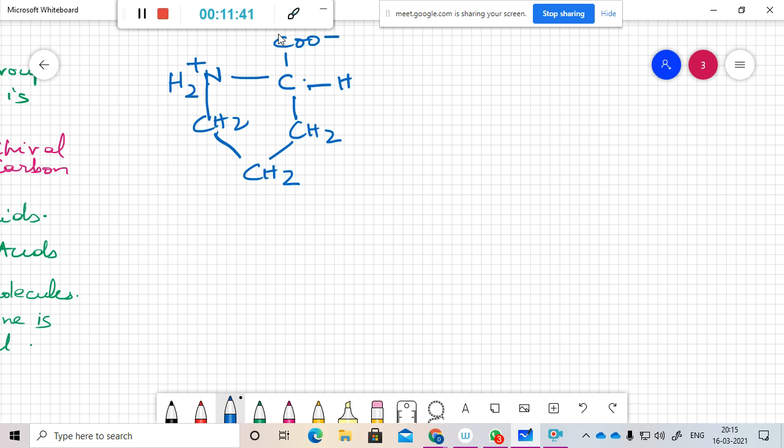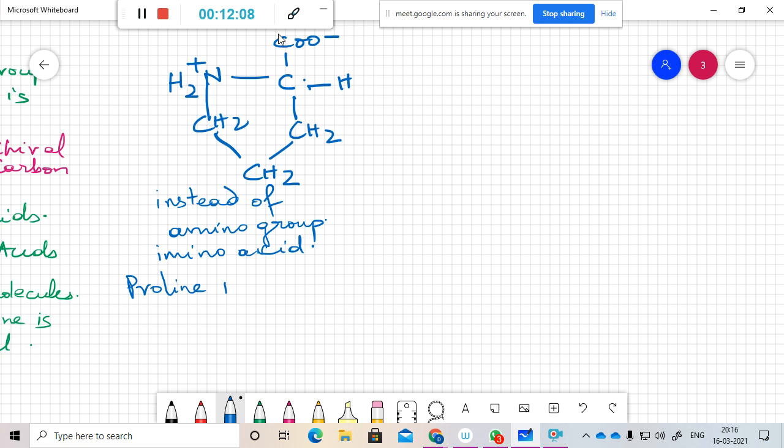So instead of an amino group, this is an imine. Remember, proline is a strong alpha helix breaker. We will come to it.